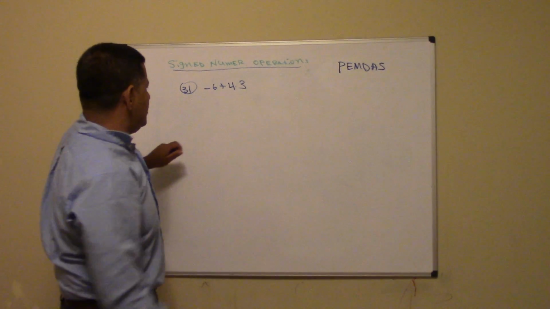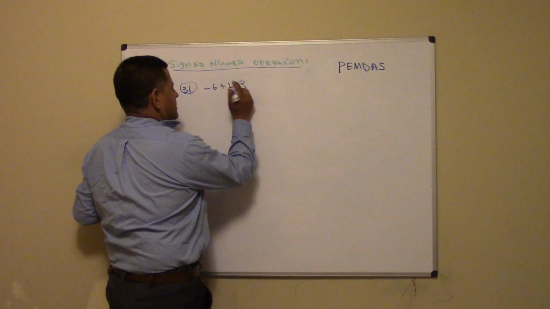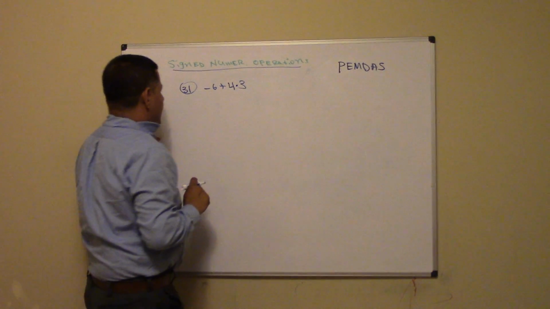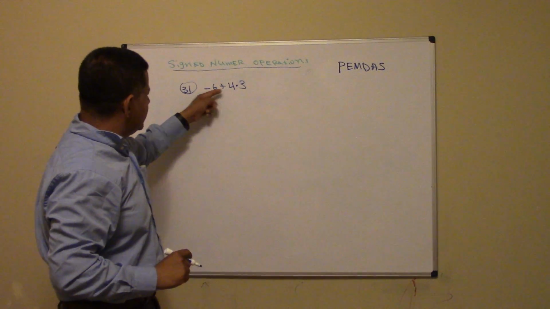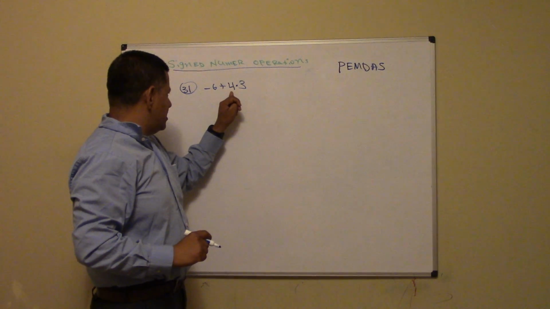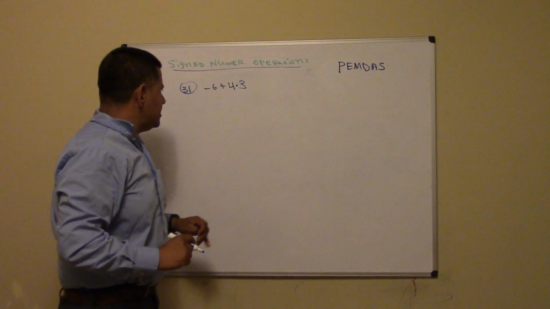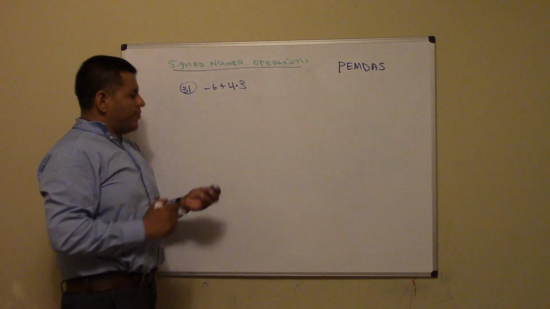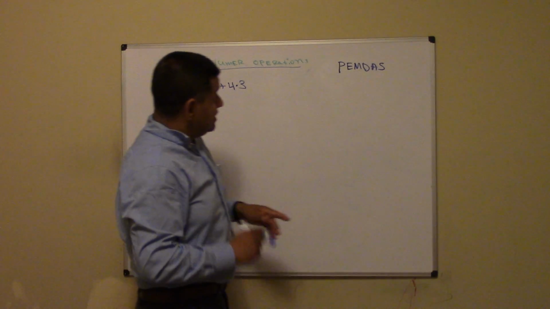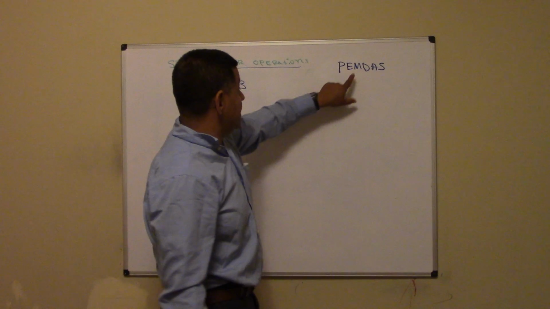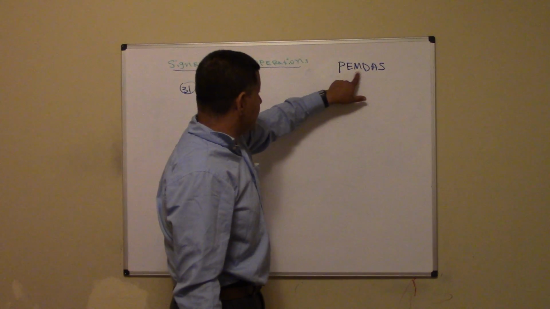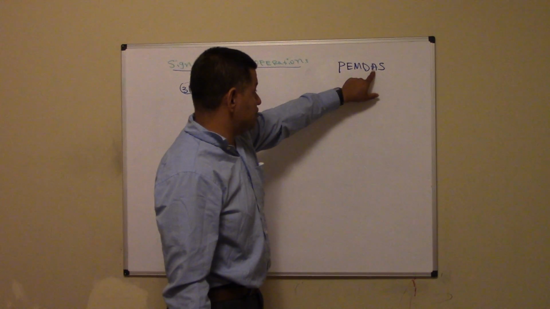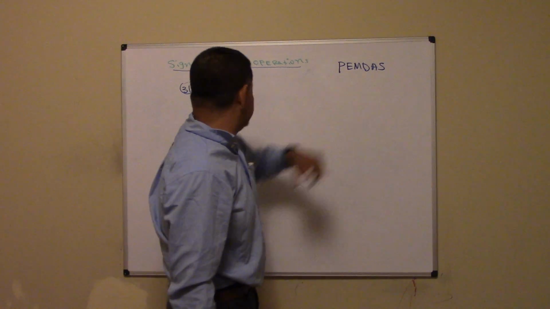Okay, so over here I got a negative 6 plus 4 times 3, right? The order of operation tells me that I gotta do multiplication first, right? Then I gotta do addition, because there is no division, but there is addition, okay?